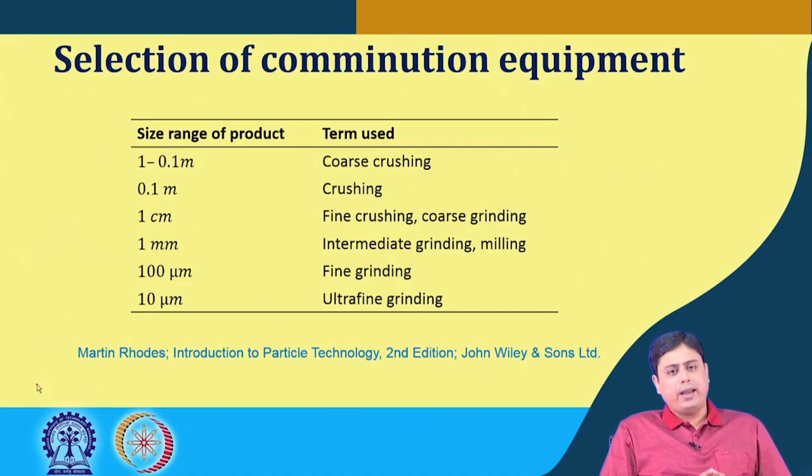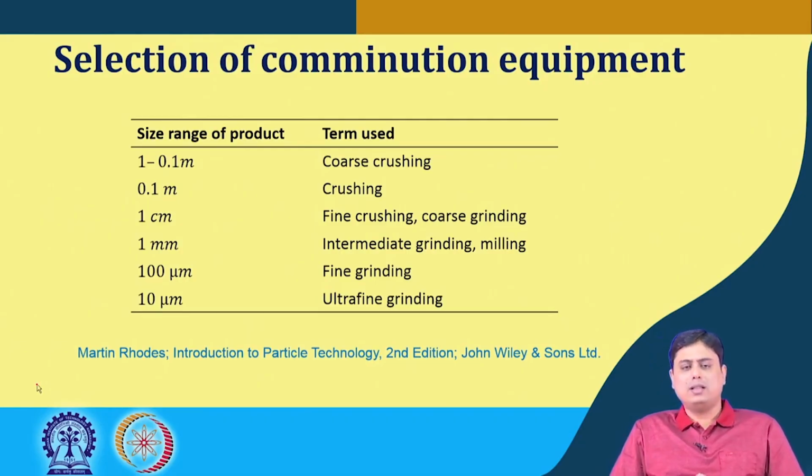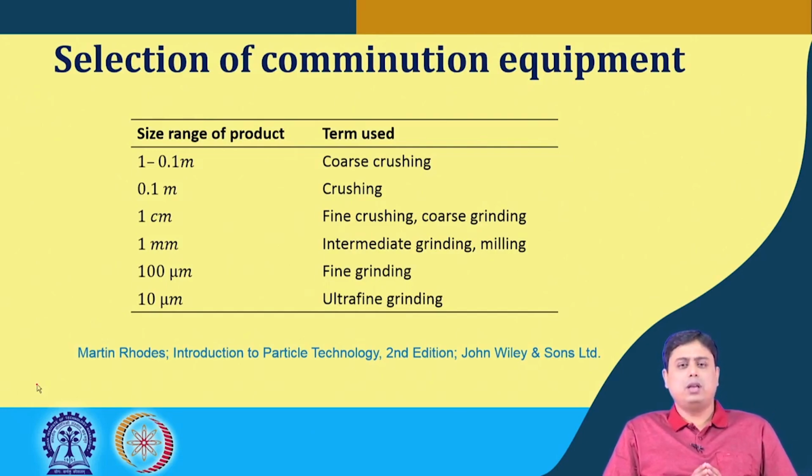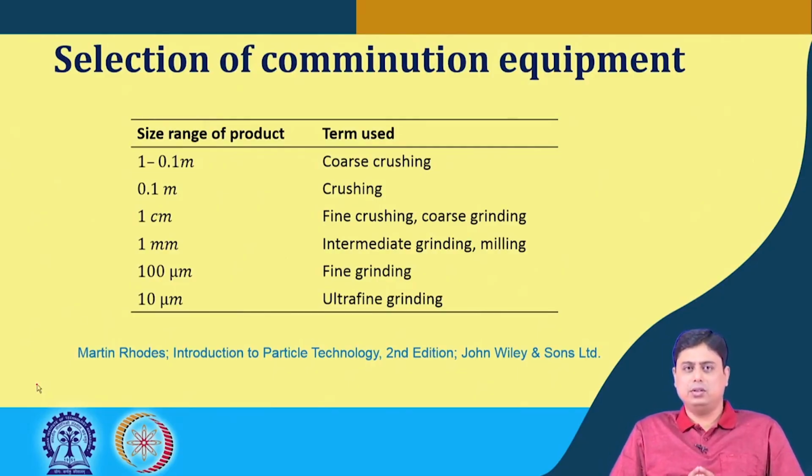For finer crushing, the size range goes below 1 centimeter. So when we bring the product size to a desired value of, say, 1 centimeter or near that value, we call it fine crushing or coarse grinding.